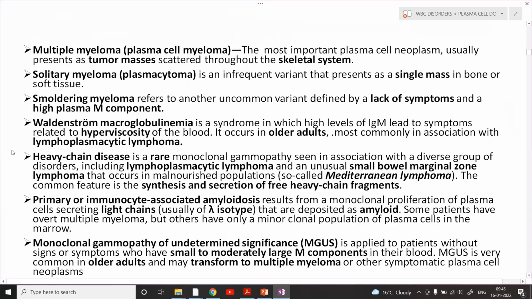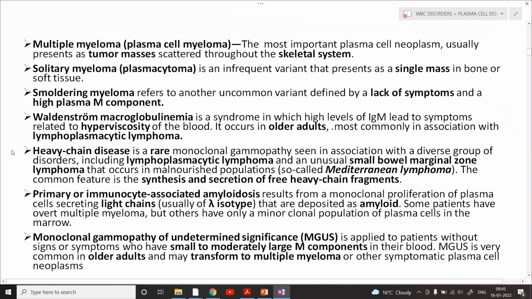Now I'm just going to give the classification I had given you once more. Multiple myeloma, also called plasma cell myeloma, is the most important out of the lot, and it usually presents as tumor masses scattered throughout the skeletal system. That is, the bone marrow is involved in plasma cell or multiple myeloma.